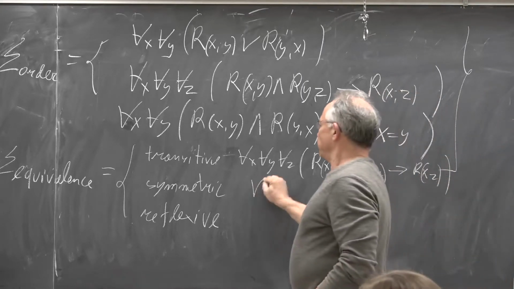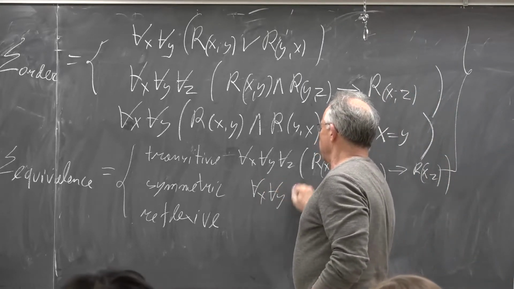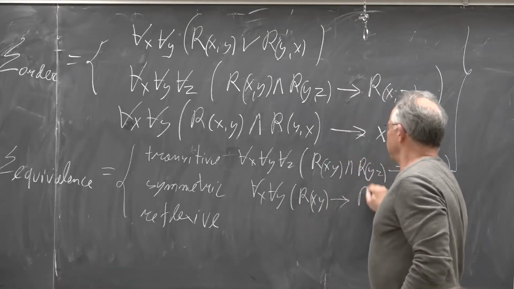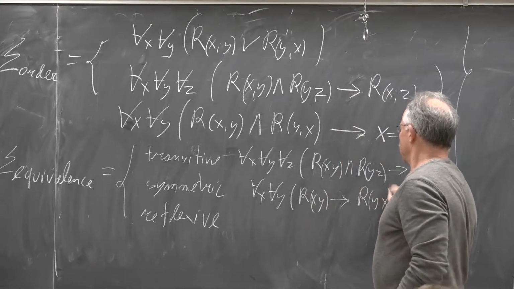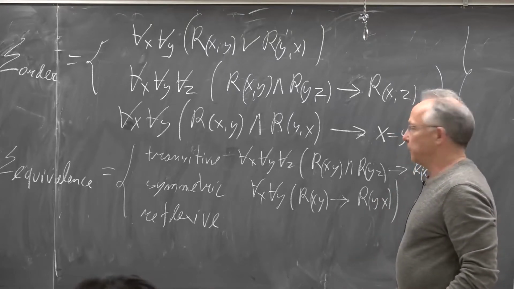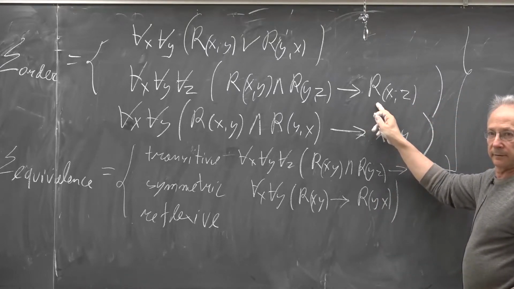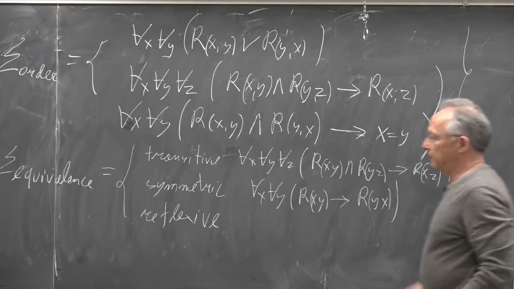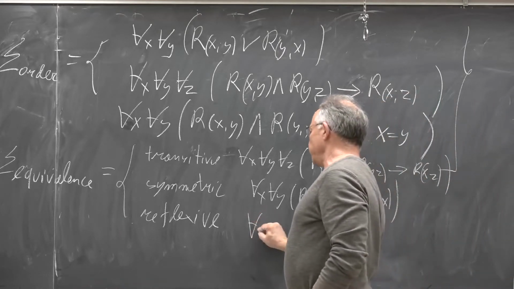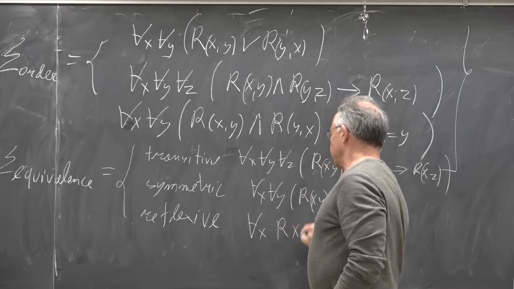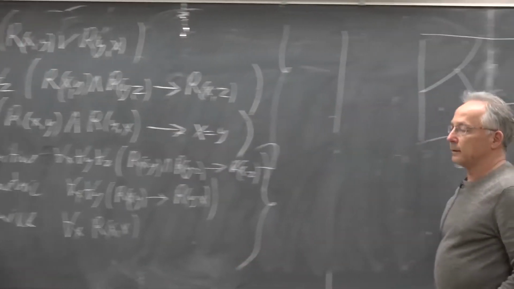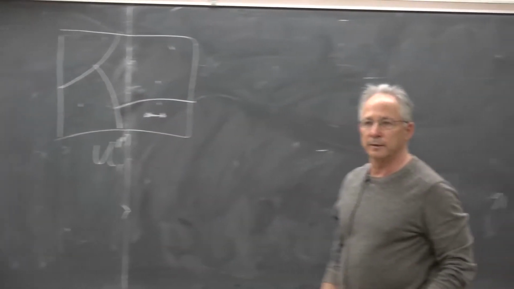Symmetry means for every x, for every y, R x y implies R y x, which we didn't have here. And reflexivity will say for every x, R x x. So this defines the set of all equivalence relations.